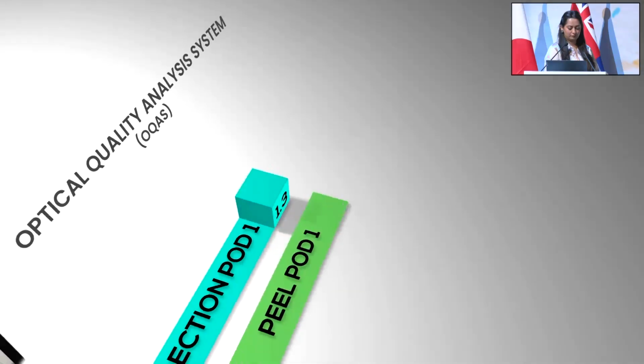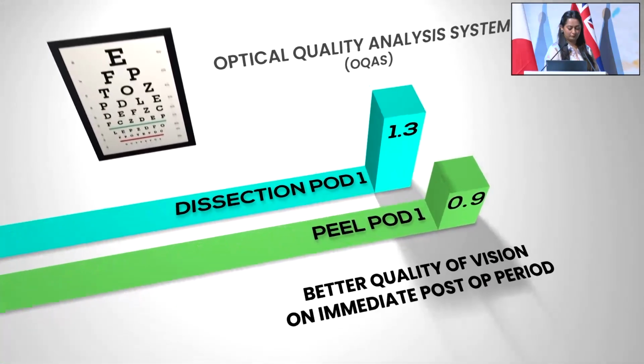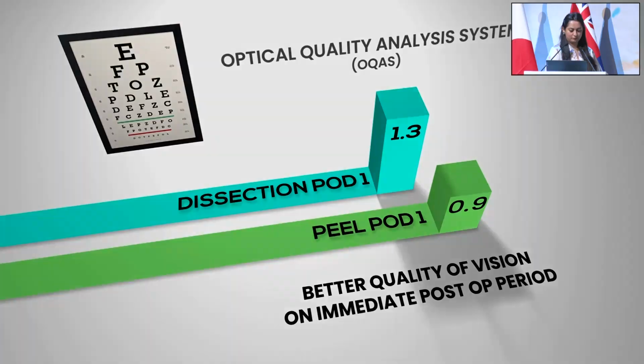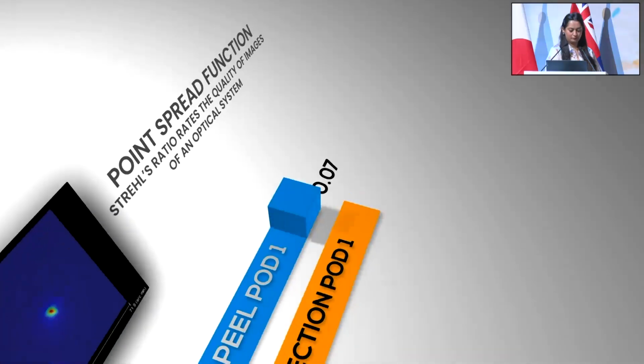We found that patients had better quality of vision, as we can see through the objective scatter index and also through better point spread function.